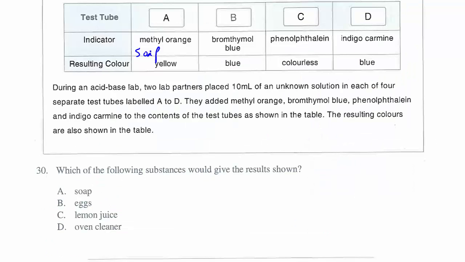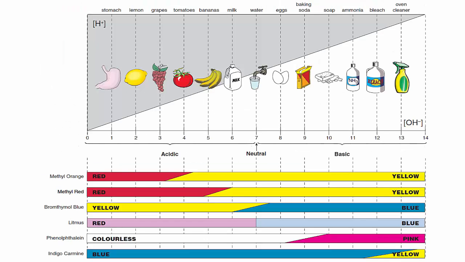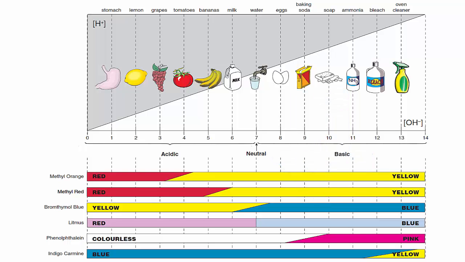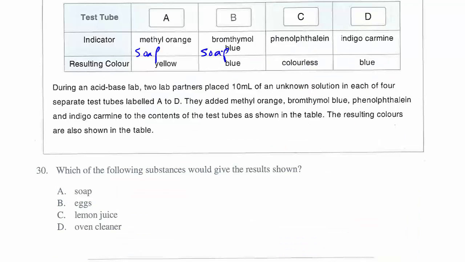Then we might try the bromothymol blue. In test tube B, lo and behold, it is in fact blue, and on my table again, bromothymol blue is blue for soap. So again, that is a possibility. We are on a roll.